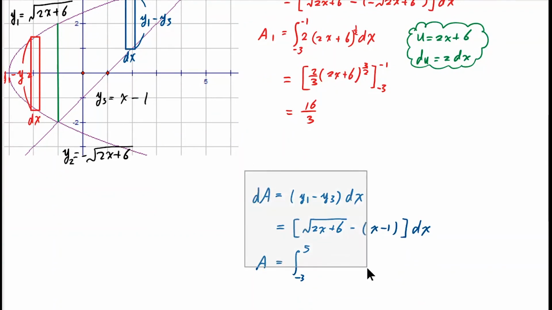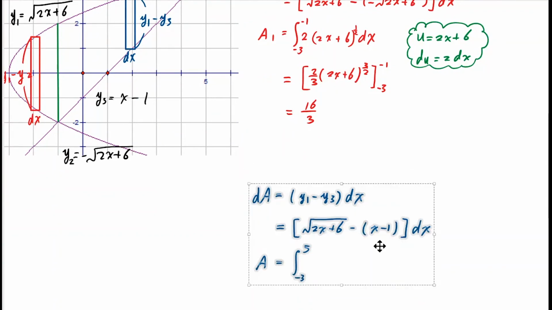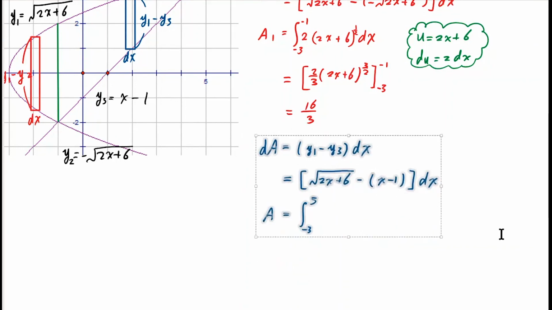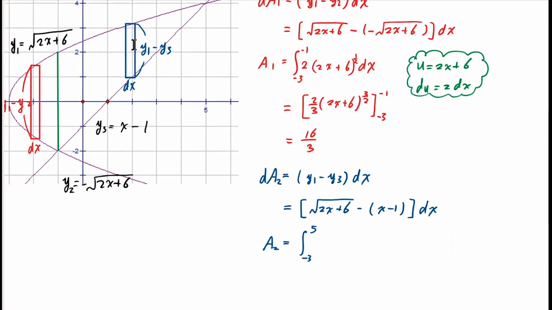You with me? Okay, now let's do this second half. This I'm gonna call A2. So we already kind of prepared the meat for it. Right, this function minus this function.